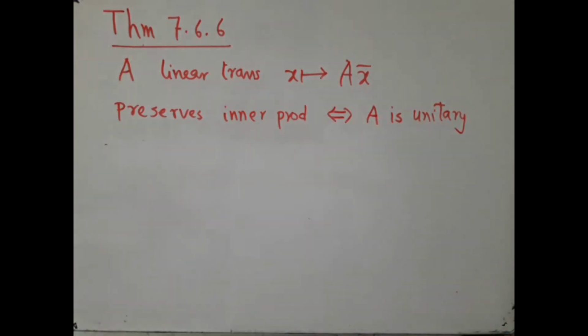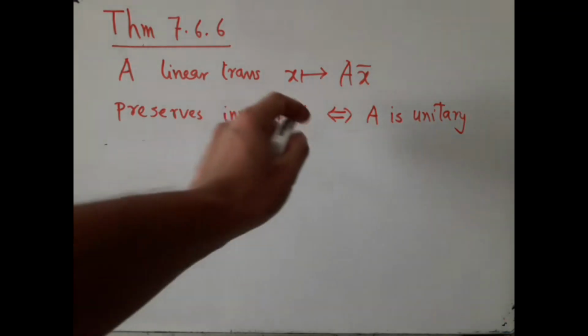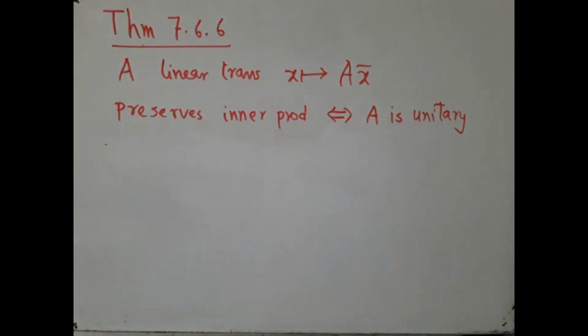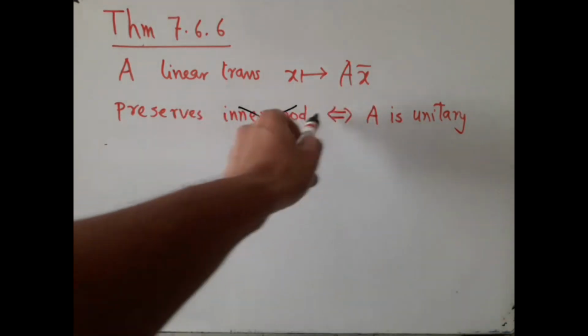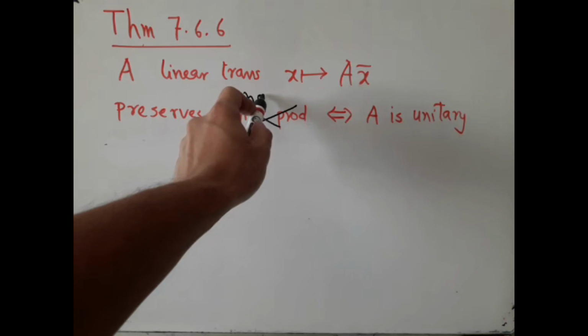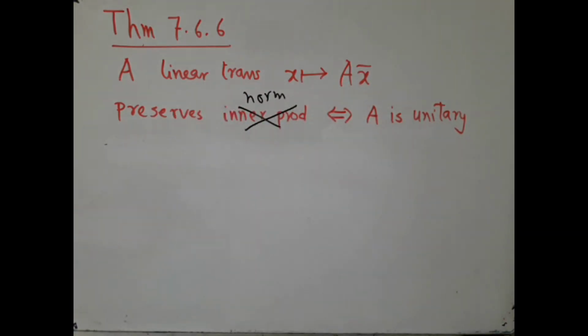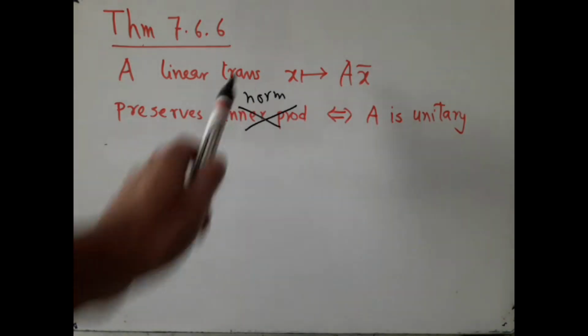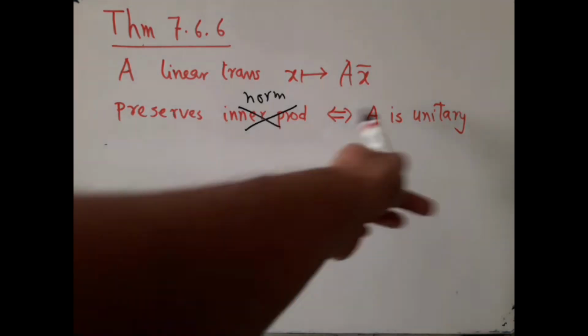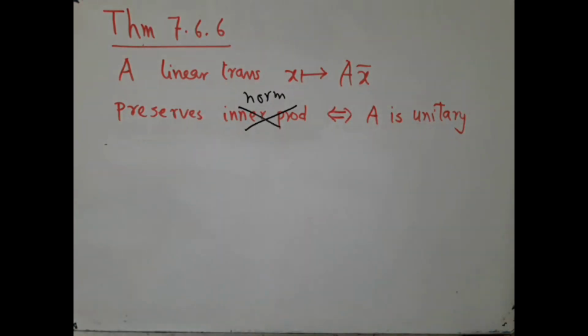Now, the theorem can be strengthened. If I have preservation of inner product, naturally it must also preserve norm. So, there is nothing very special about this implication. A unitary implies it preserves inner products. And since norms are defined in terms of inner products, we are talking about the Euclidean norm here, or the canonical norm, so this implication remains valid.